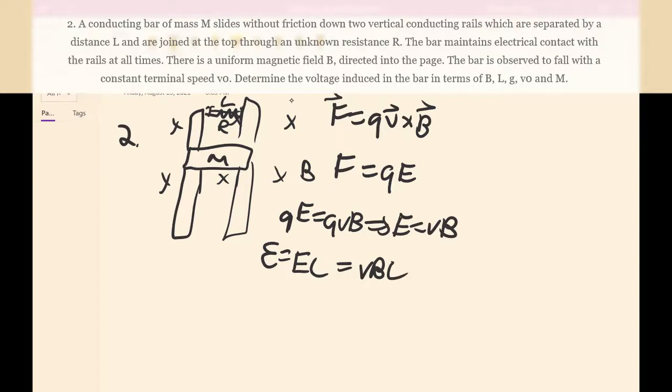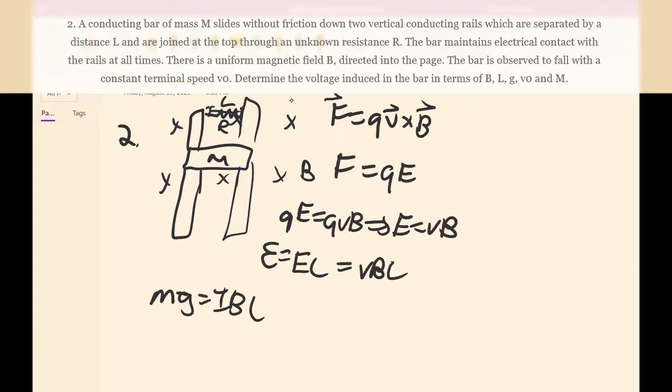Now if we want to find the current and the resistance, to find the current I, we know that mg is equal to IBL. This is because IBL is the force generated by the current going upwards. You can verify that this goes upwards using the right hand rule.